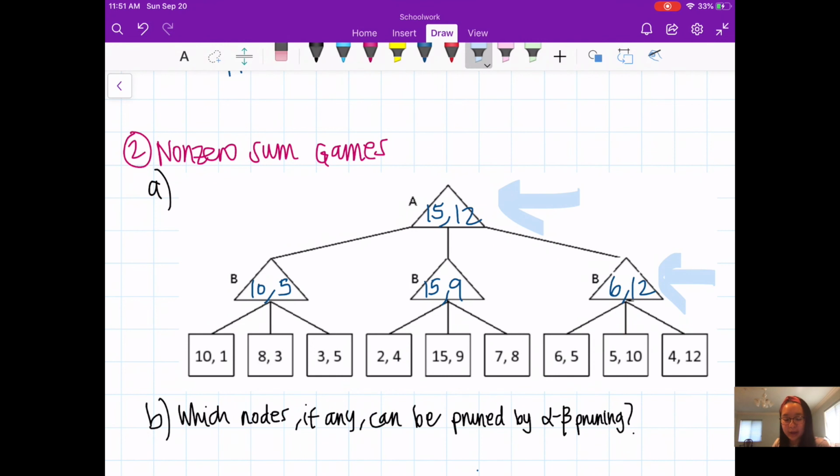And then part B asks the question of pruning. It asks if any of the nodes can be pruned. Similar to the expected max situation, the answer is also none. They can't be pruned.